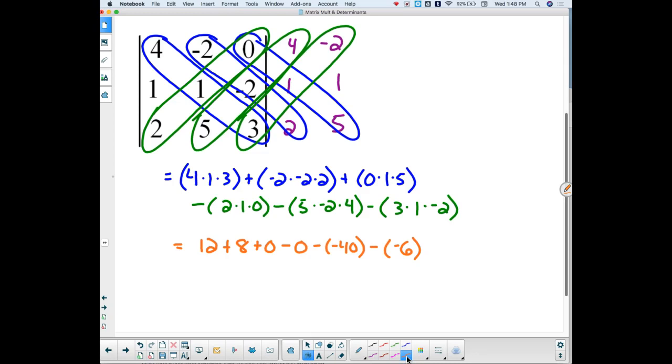Minus 0 plus 0 is still 20. Minus negative 40 is 60. Minus negative 6 is 66. A little easier. You don't have to use any patterns, alternating positive and negative signs, on that one. Okay?